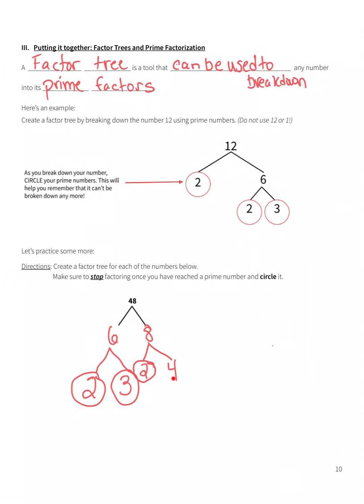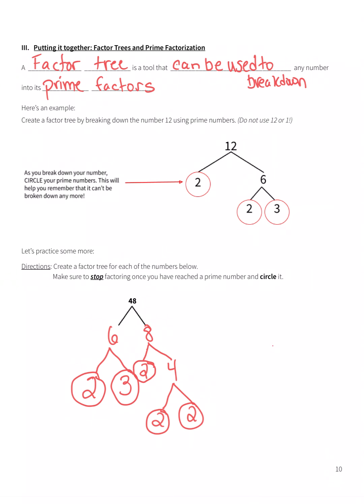Go to 4. Is 4 a prime number? No, because 2 times 2 is 4. Are either of these prime numbers? Yep, 2 is a prime number, so I would go ahead and circle it. And I know now that I'm done with my factor tree because every number at the end of my little mountains that I've made is a prime number, so I am done.